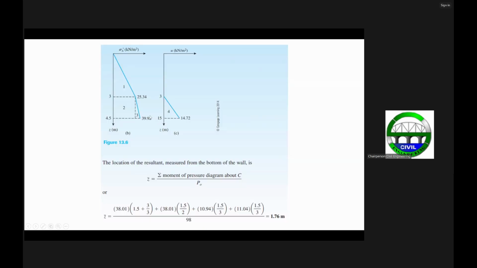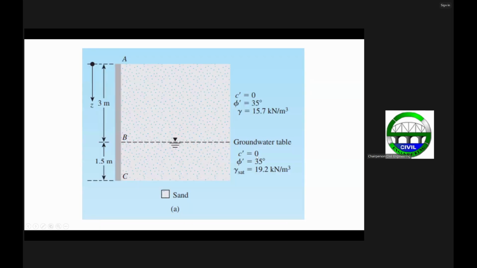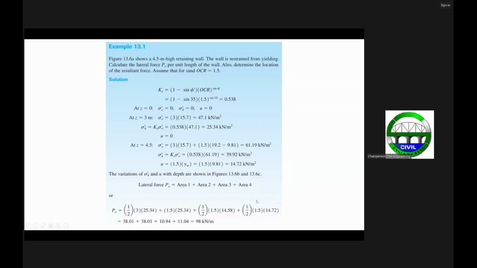And then plus the area of this pressure diagram, which is 1/2 of 1.5 times 14.72. Now that gives you this pressure diagram. So just sum up all these things. That gives you the total force per unit length of the wall, which is 98 kilonewtons per meter.